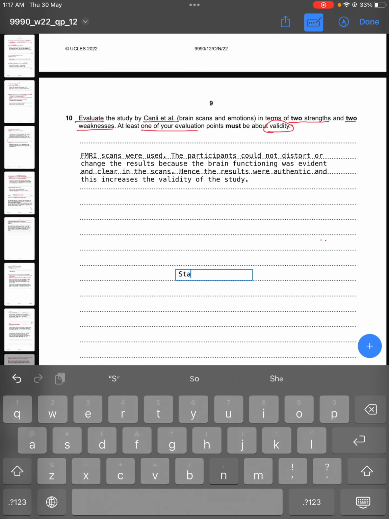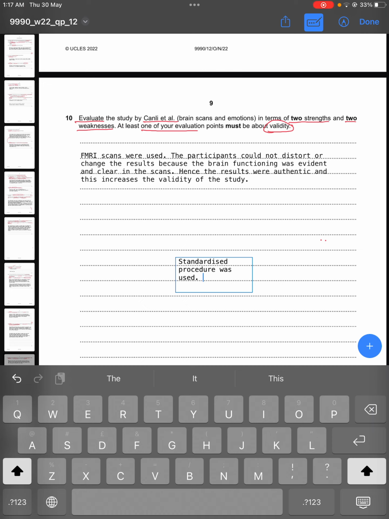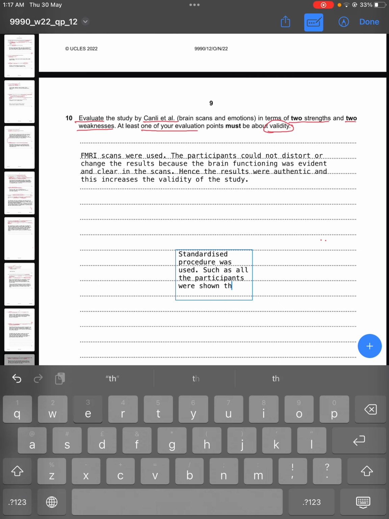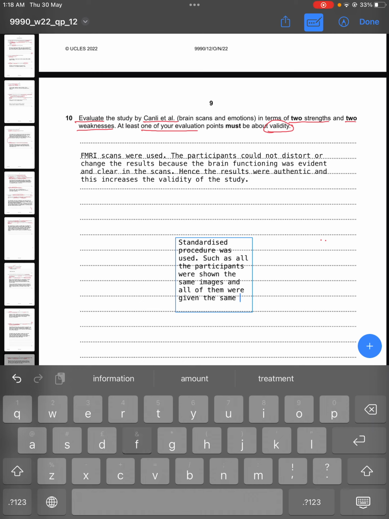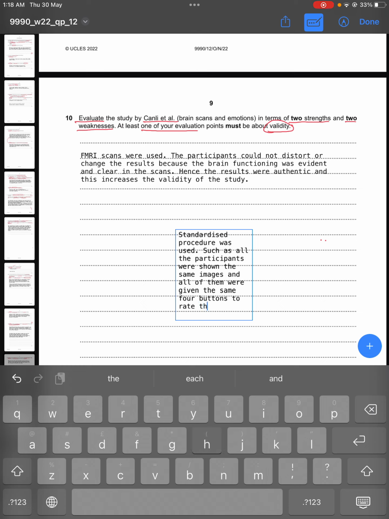Second, you can write that a standardized procedure was used, and you also need to give examples like how was this procedure standardized. So all the participants were shown the same images. They were shown in a randomized order, but they were the same images, and all of them were given the same 4 buttons to rate the images.